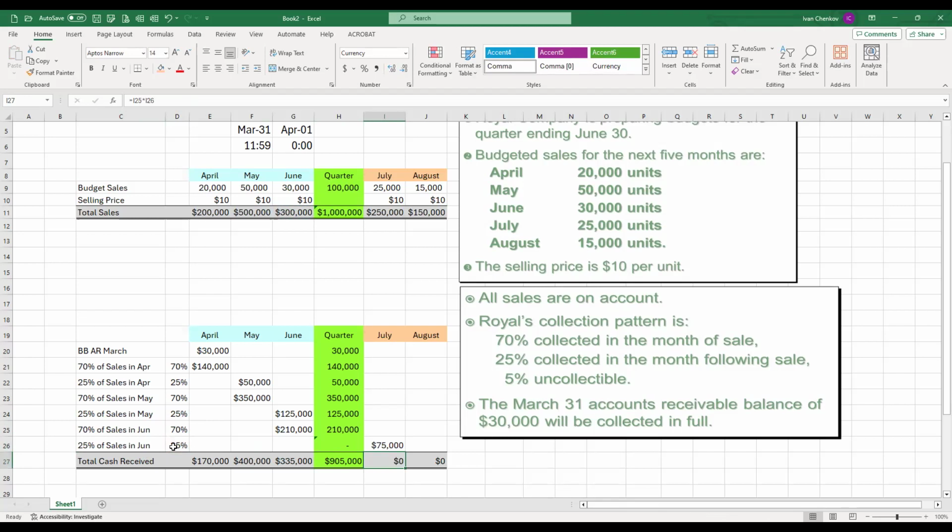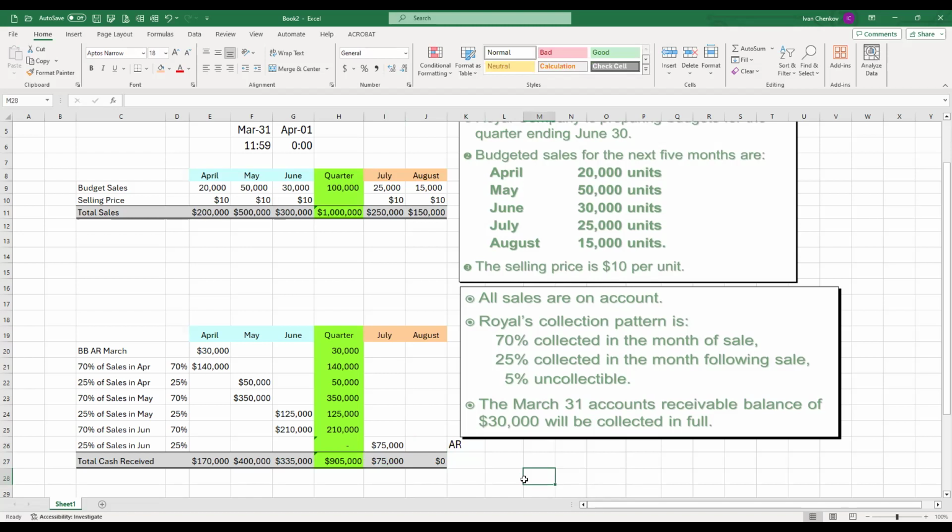So how much will be our accounts receivables at the end of the quarter? $75,000. Let's mark it here as accounts receivables. At the end of the second quarter will be $75,000.